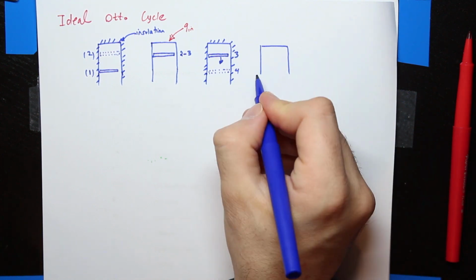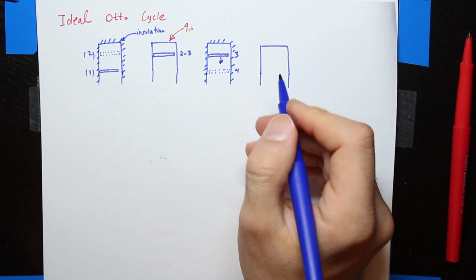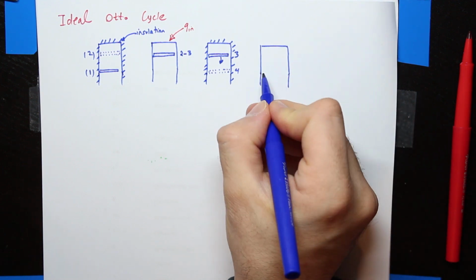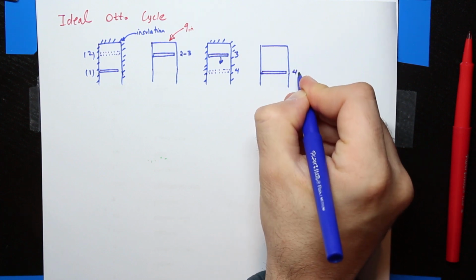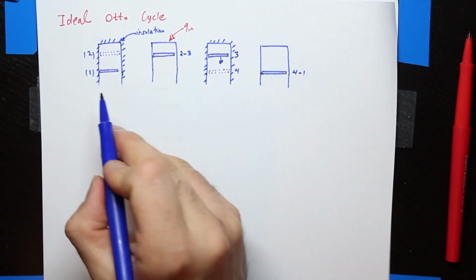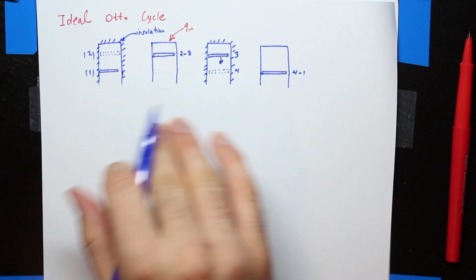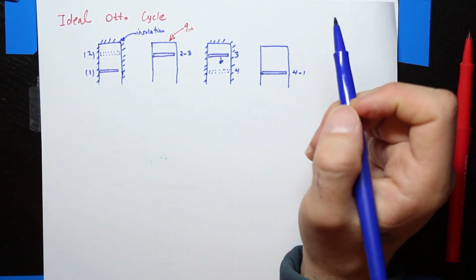Finally, in the very last schematic, we have the exhaust stroke. The piston doesn't really move. It starts from state 4 and ends with state 1, because the whole thing is operating in a cycle.